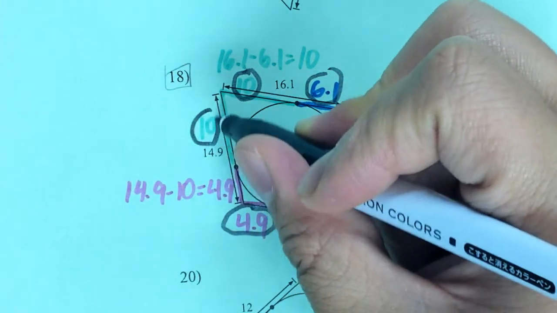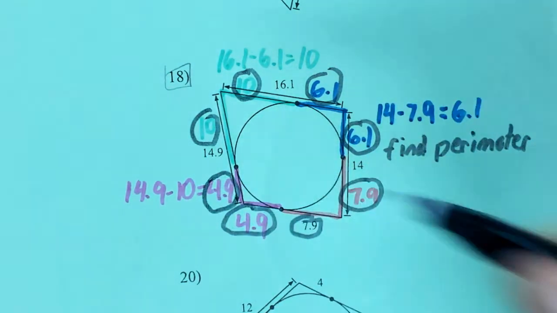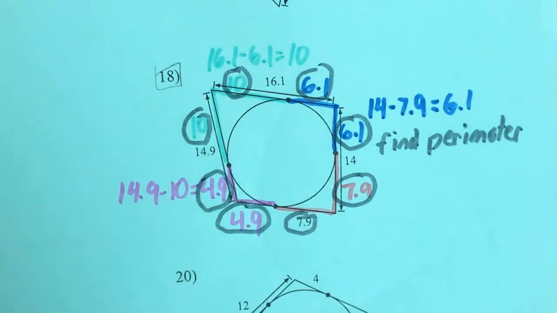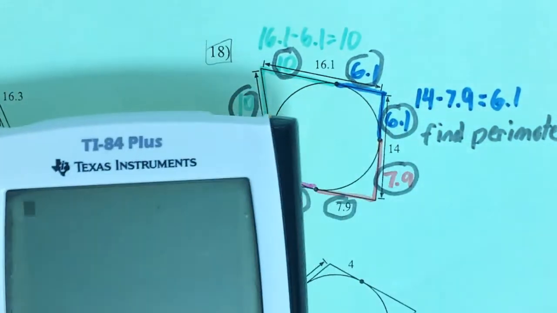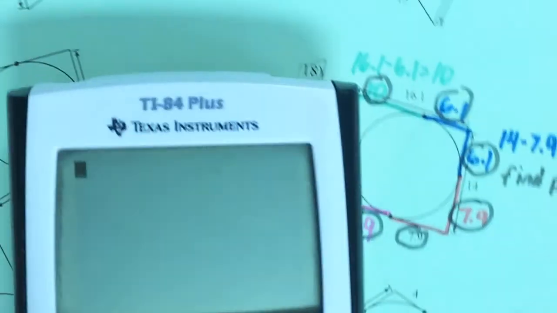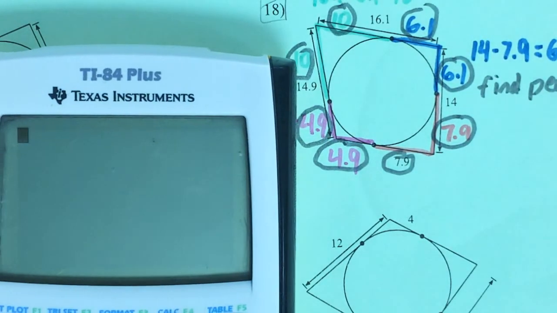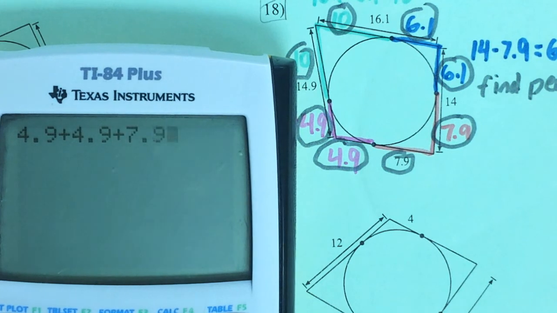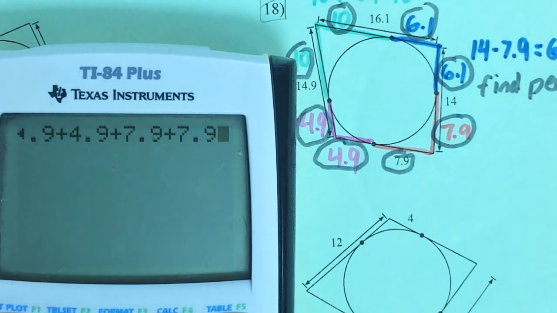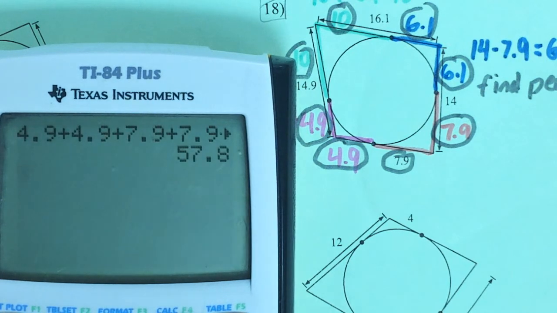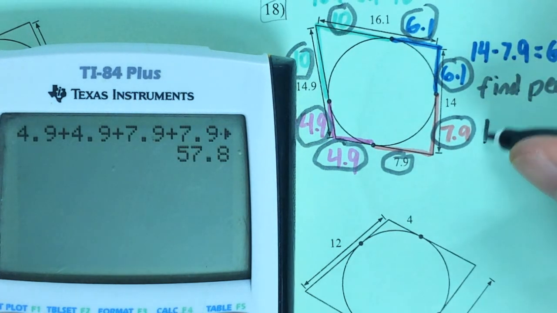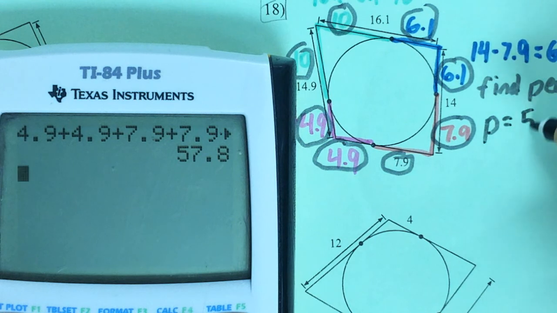And finally, this part with this part makes my entire left side. So let's add all those numbers up. Plus 4.9 plus 7.9 plus 7.9 plus 6.1 plus 6.1 plus 10 plus 10 to get perimeter equals 57.8.